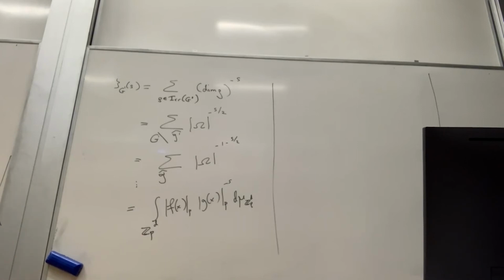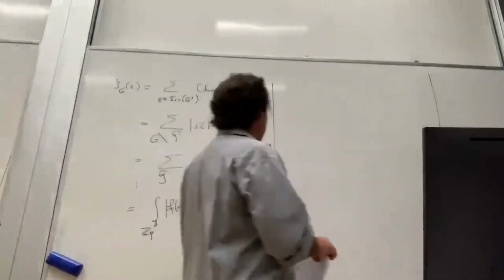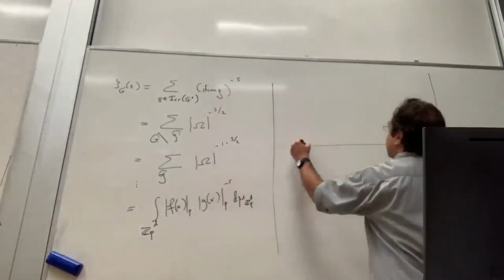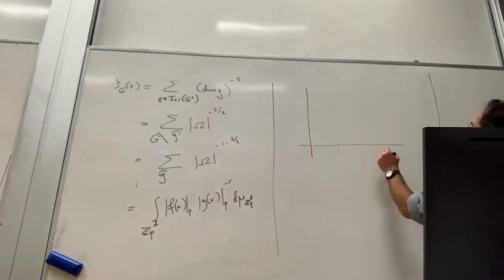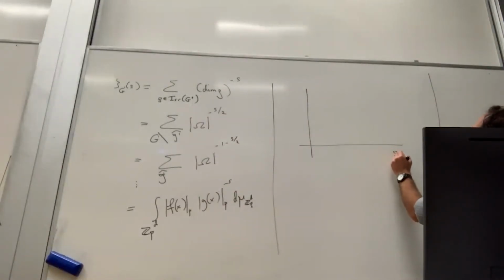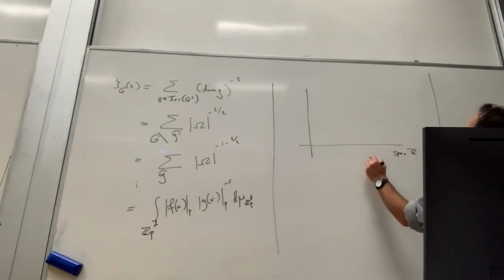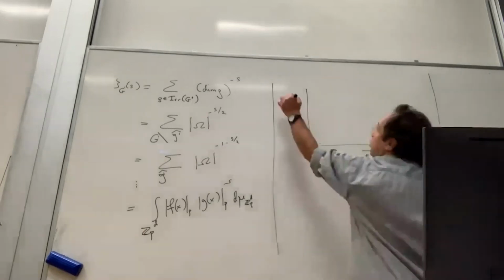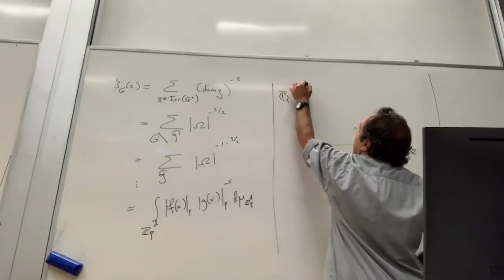But what we need in order to say something meaningful about different Euler factors is something which will help us to write it schematically. We will have something like Spec Z in this direction and Q bar in this direction.